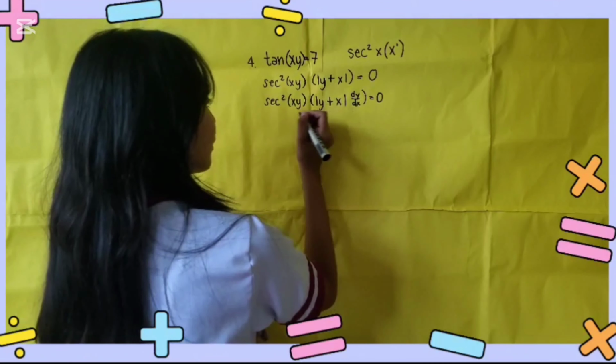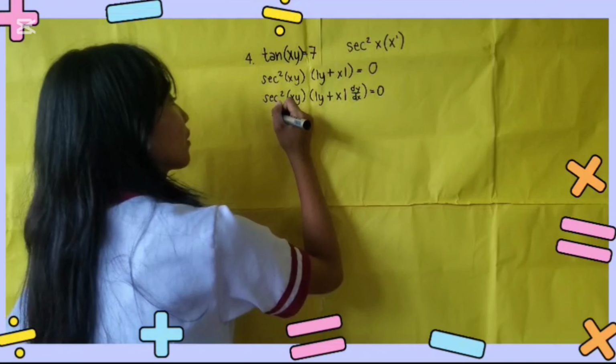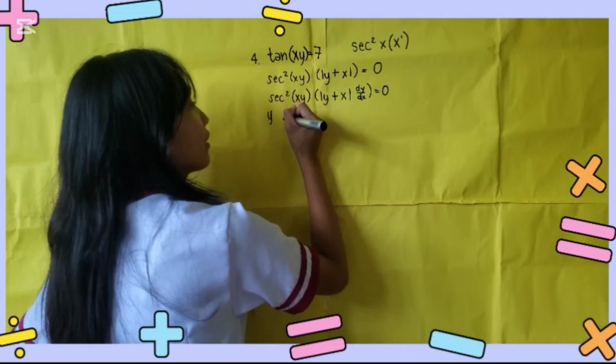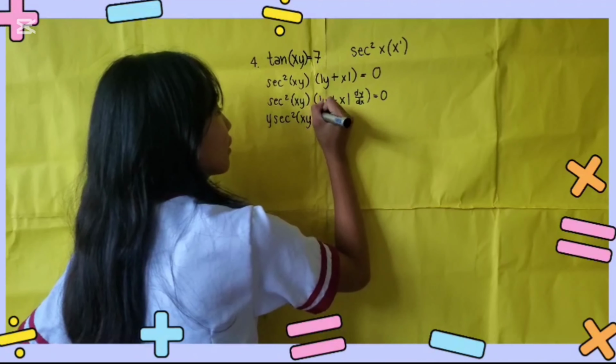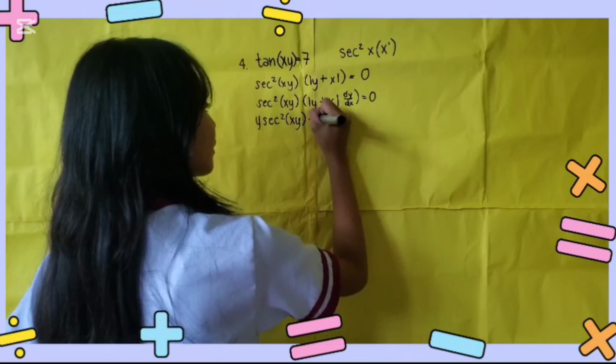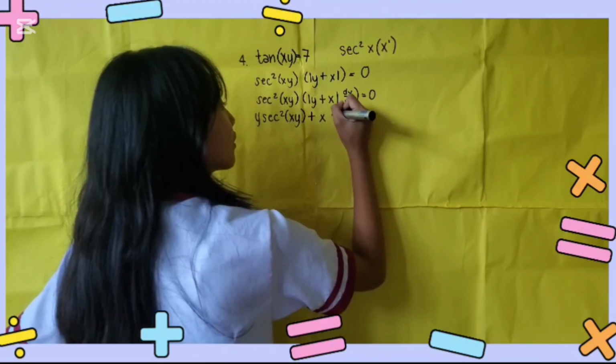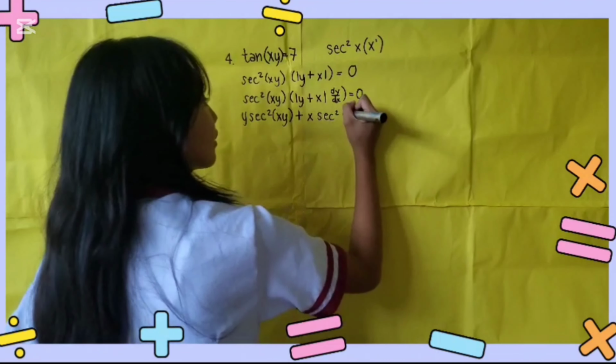Then we're going to distribute secant xy to this function. That would be y secant squared xy plus x secant squared xy.